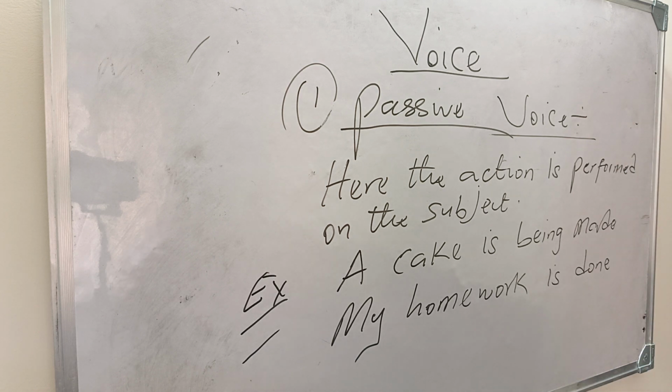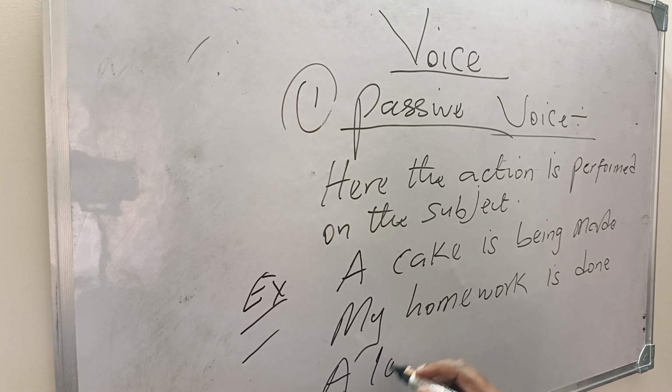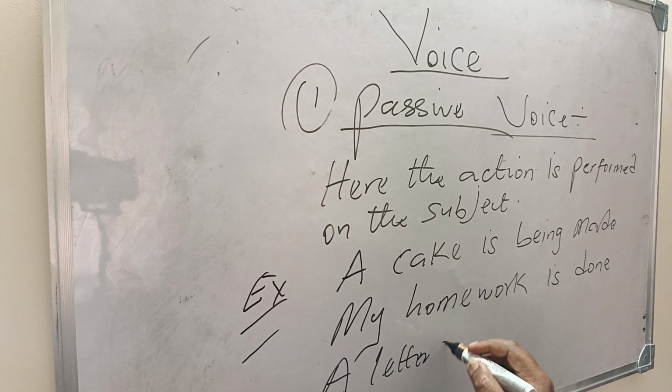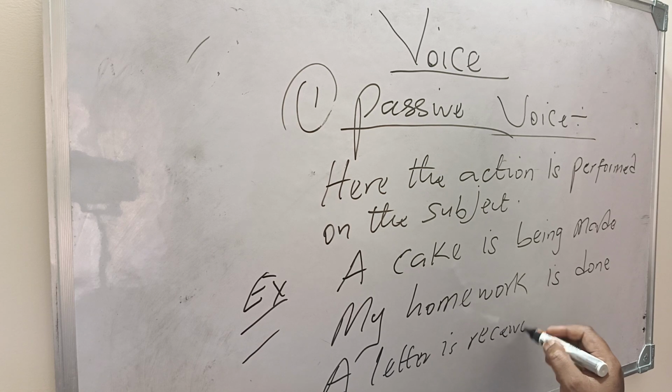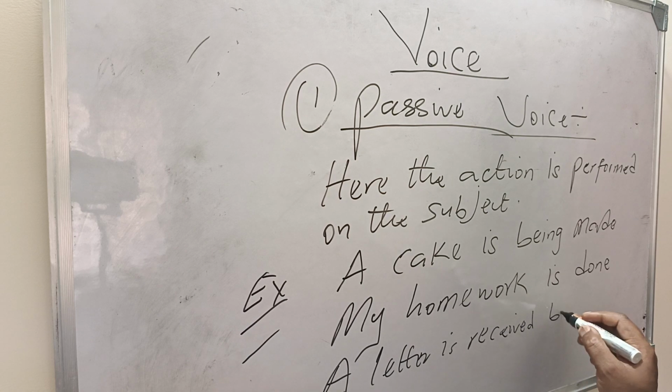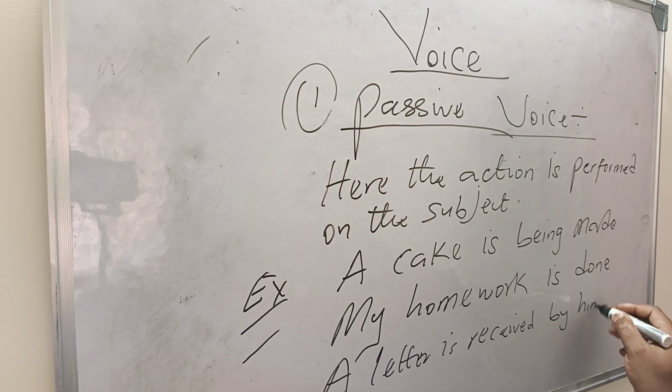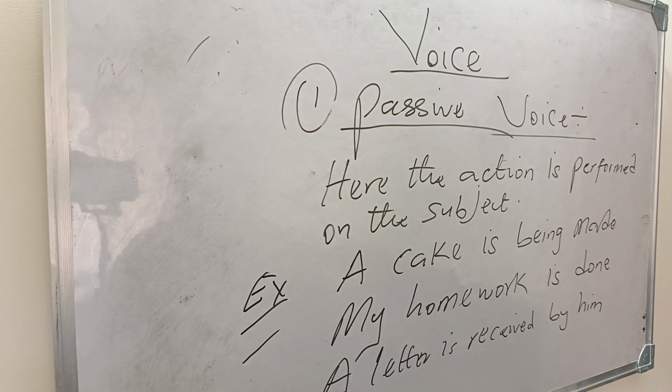So let's take a look at one. A letter is received by him. The other one, he receives a letter. So now here, a letter is received by him. In the active side, someone read an interesting story.